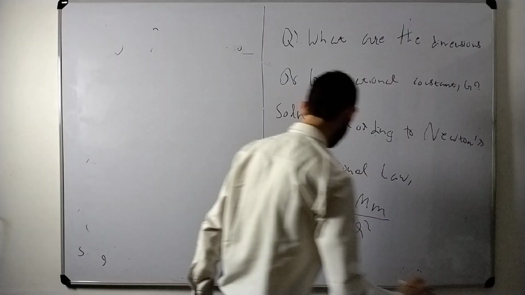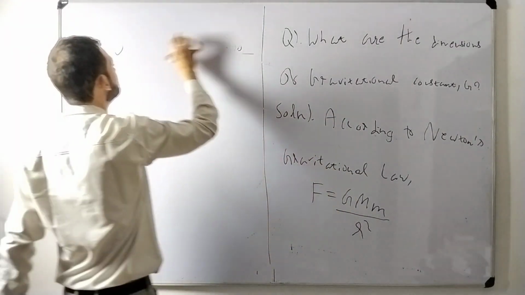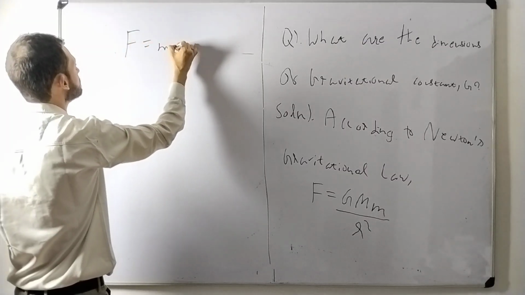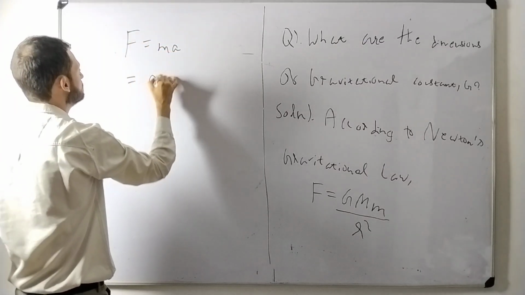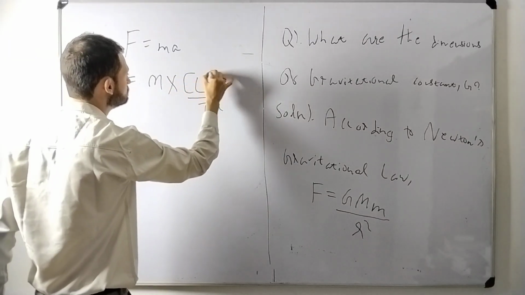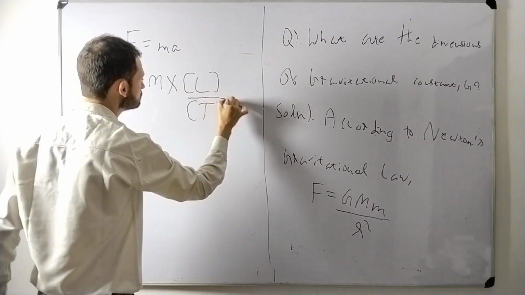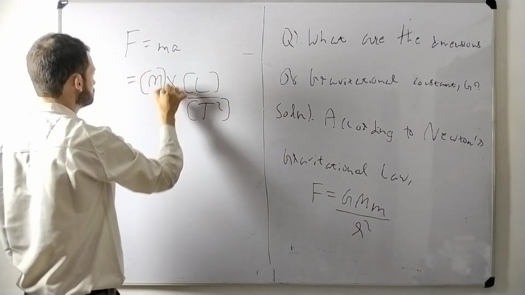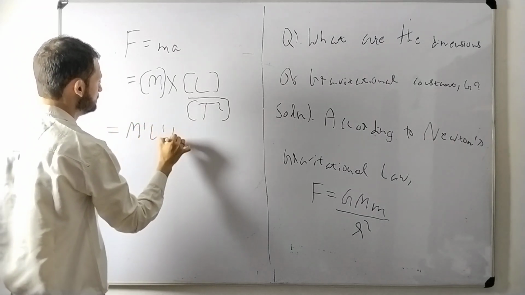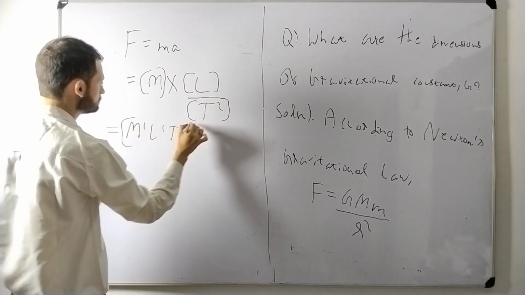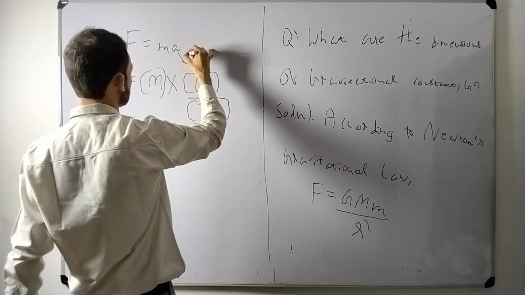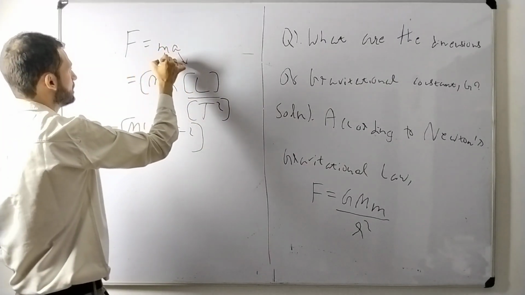So let's start. F is equal to MA. M into L T minus 2. So this makes M1 L1 T minus 2. This is the acceleration part, and this being mass.